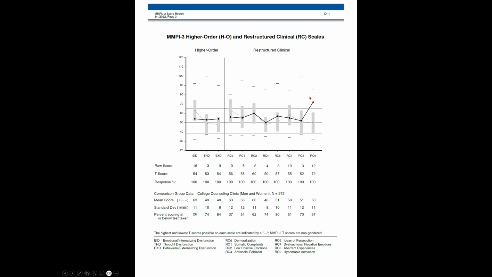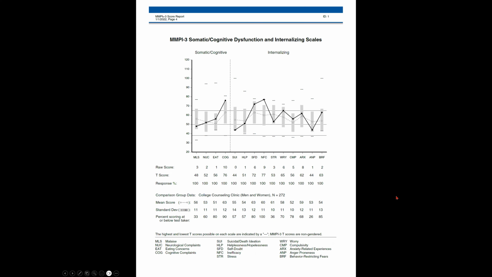And that places her T-score of 72 on RC9 at the 97th percentile. So this is a very uncommon finding, but obviously gives us an indication that there is some significant concern with regard to potential hypomanic activation and all of the features associated with an elevation on RC9.